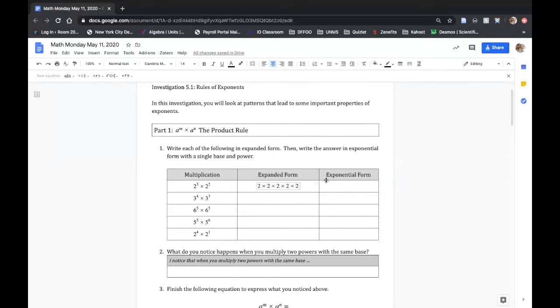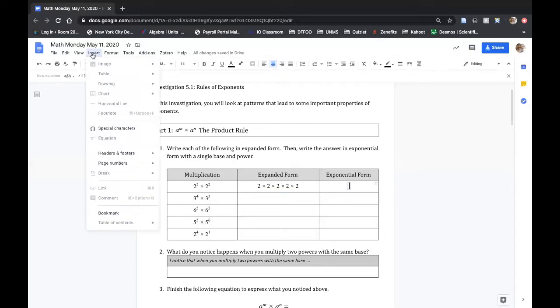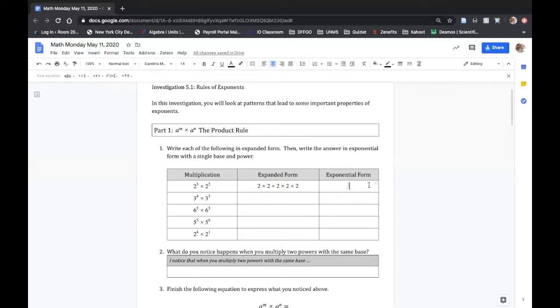So I can now simplify that, and instead of writing 2 to the third times 2 to the second power, I can write, and I'm gonna show you guys how to do this. Go to Insert, Equation. You're gonna hit equation, that gives you this little blue box over here. 2, shift 6 gets me upwards to that exponent, or a second way that you can do that is go over here to this equation editor, hit math operations, this one right here, x to the b, that's gonna be your exponent.